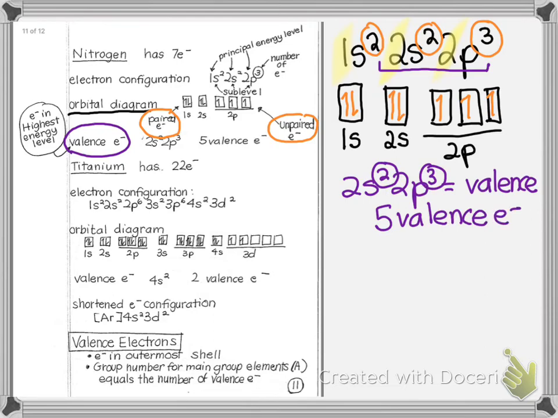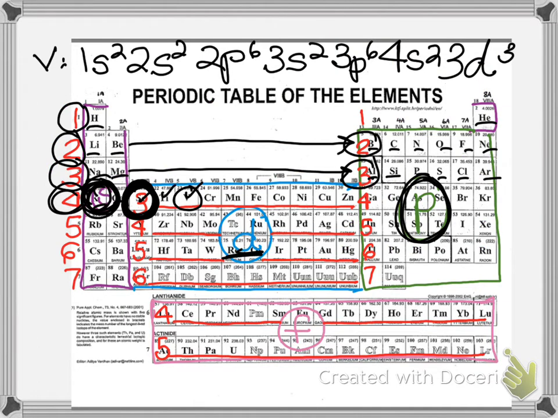Now here's something really, really cool. If you're in group A, and you can go back in one of the videos on the periodic table, we talk about anything group A or main group elements. So if it has an A, the number of valence electrons is the same as the group number. So I'm going to turn the page backwards. Okay, so we were just doing nitrogen, right? And nitrogen, if you look right there, has the number 5.